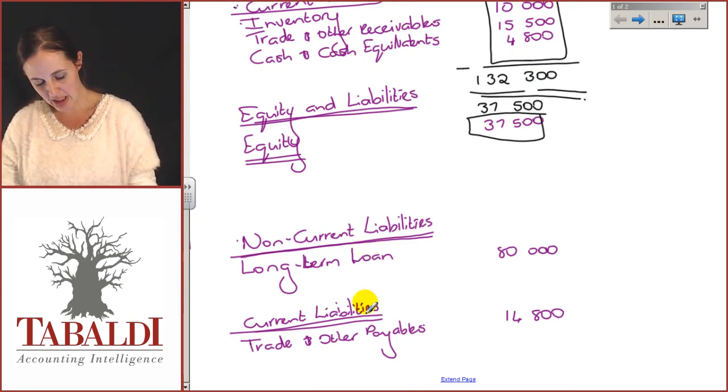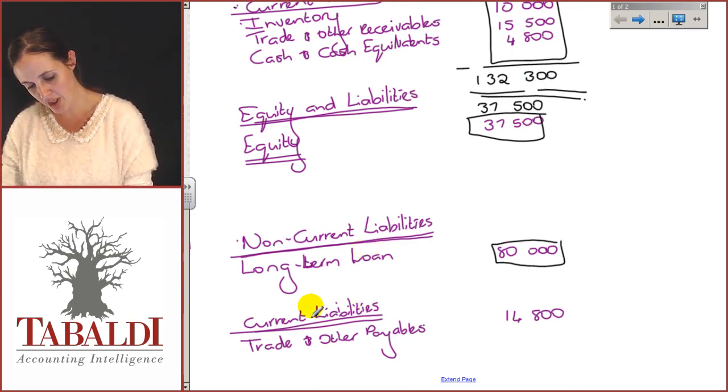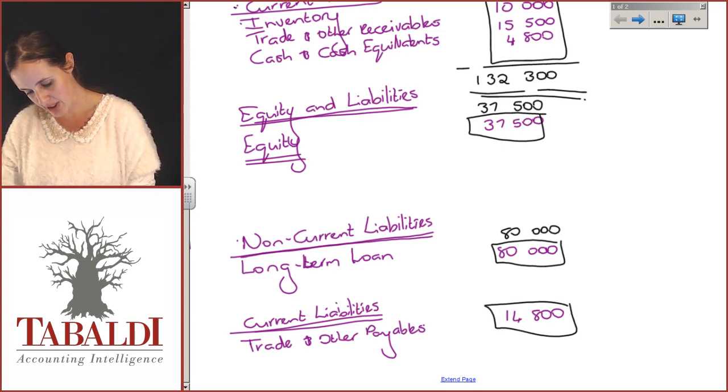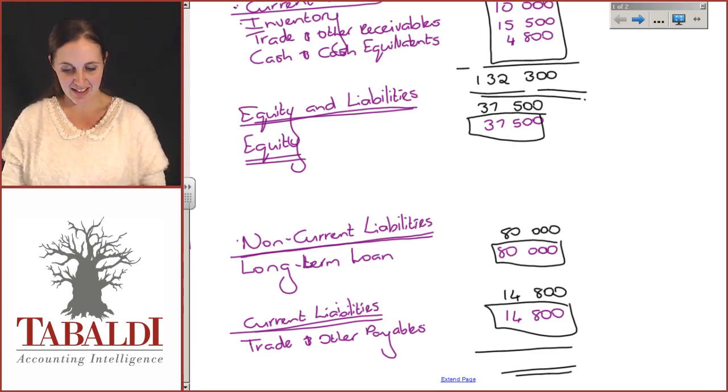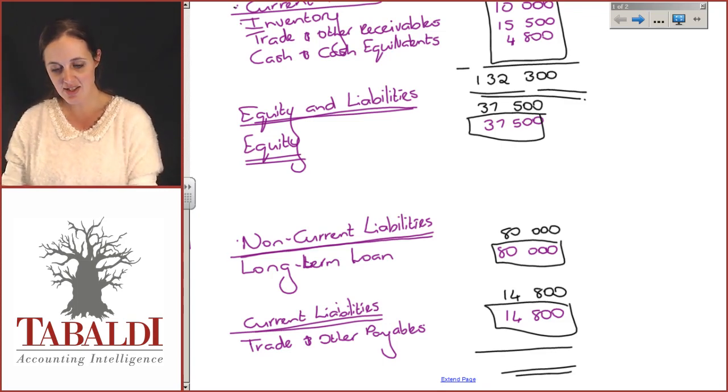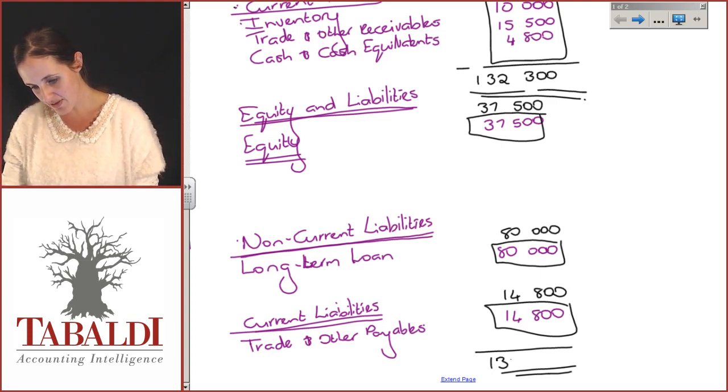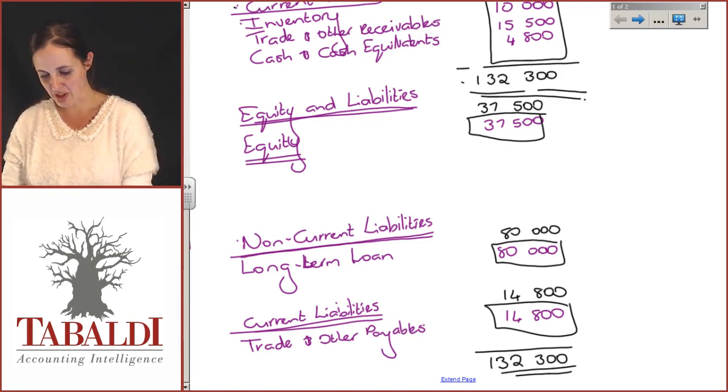My non-current liabilities, my long-term loan, 80,000. Let's give that a little subtotal. My trade and other payables, 14,800. Now, moment of truth. Does our equity and liabilities give us our assets? 37,500 plus 80,000 plus 14,800 gives us 132,300. And hey presto, we're in luck.